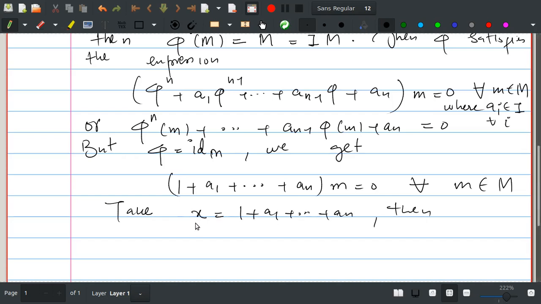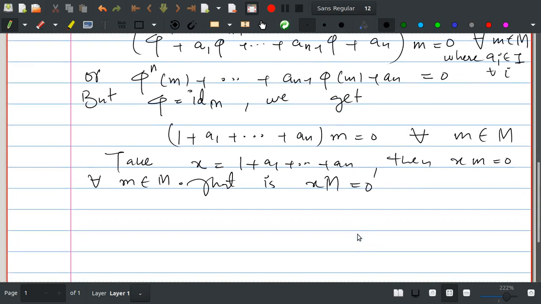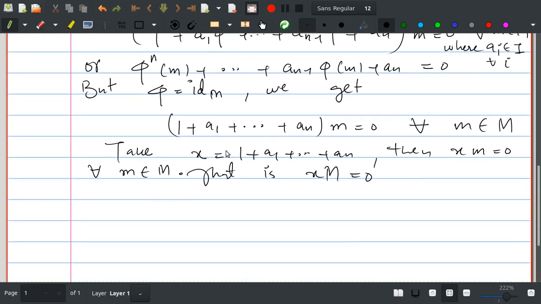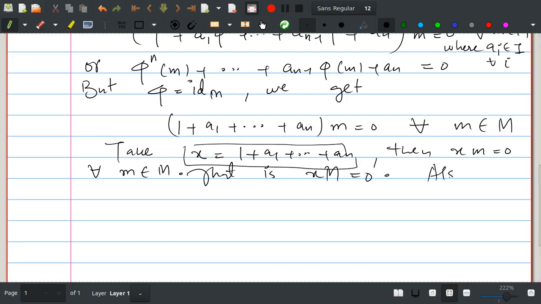Then x times m is 0 for all m in M, that is, x annihilates the module M. Also, if we look at this element x minus 1, this is equal to a1 plus so on plus an.